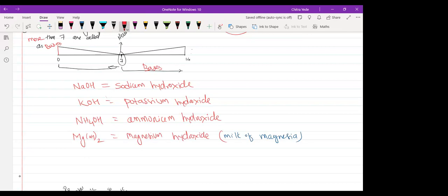Then Ca(OH)2, calcium hydroxide, which is called lime water, beta. So these are the examples of bases.